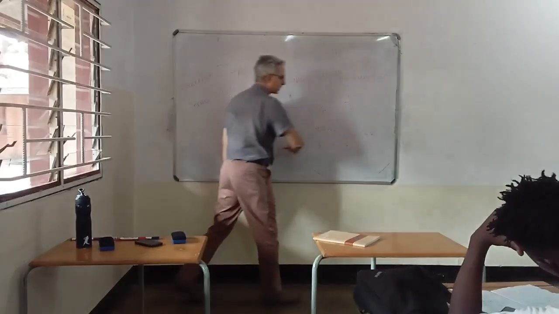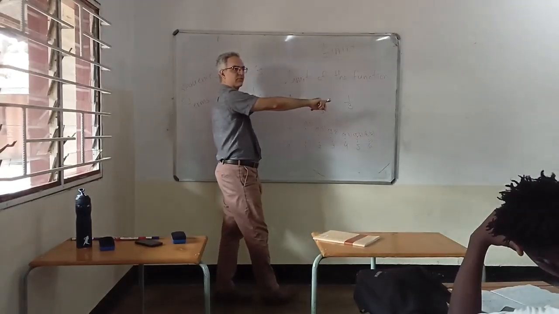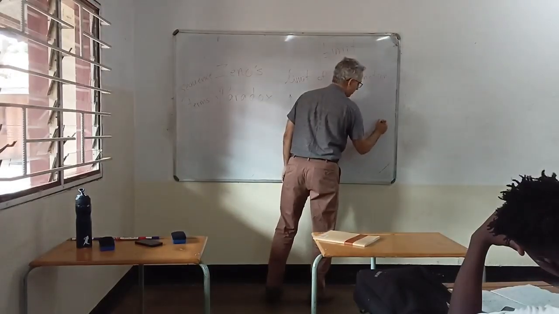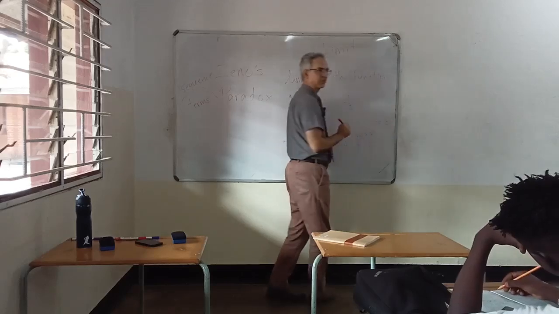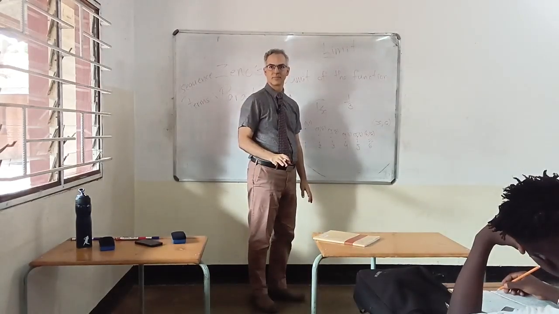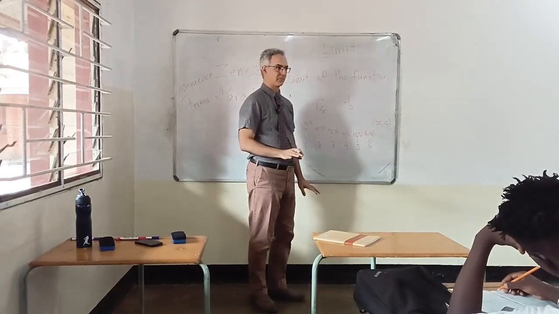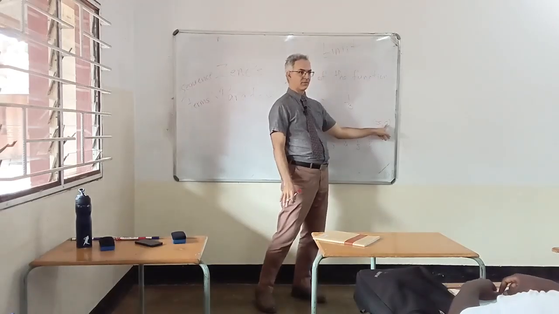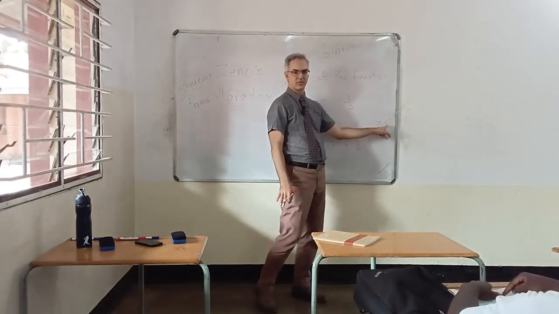Now, you can keep going forever. You will never reach, right? There is no value of x where you would get 0. It will never happen. You will get smaller and smaller and smaller, closer and closer, yeah?